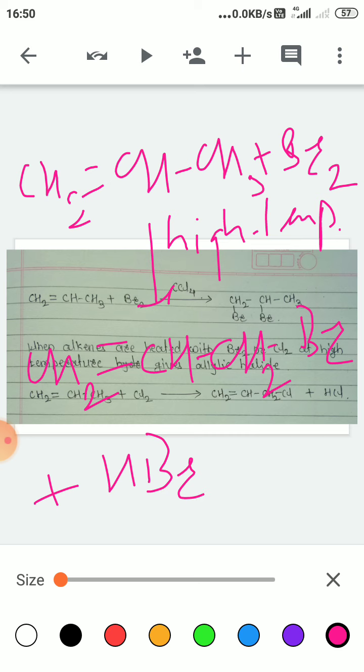So the bromine atom will come bonded to the allylic carbon atom. So these are the preparation methods of alkyl halides from hydrocarbons. So we will see the next preparation methods in the next lecture.